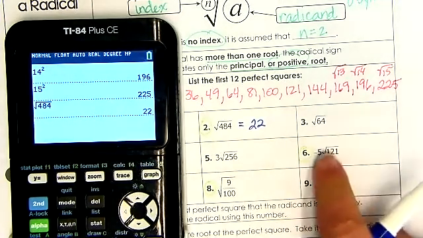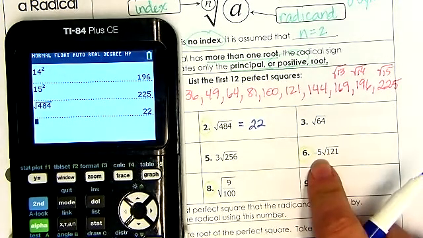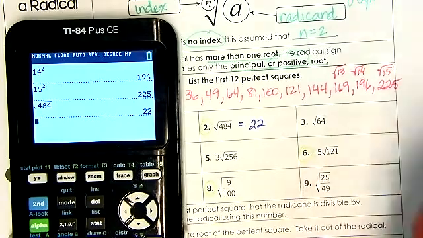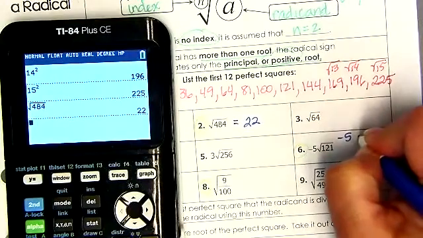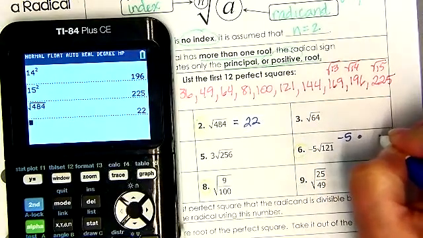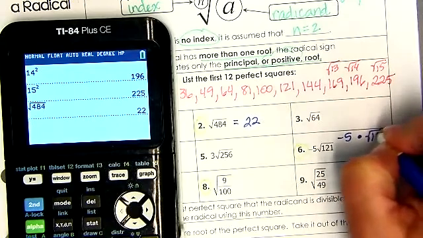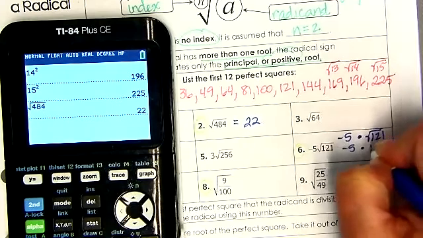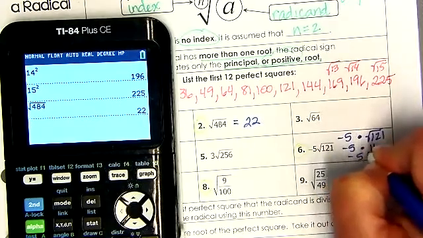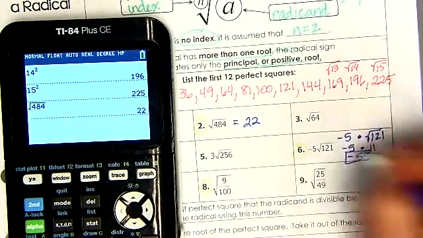Okay, now when I'm looking at number 6, I treat this as being -5 times the square root of 121. So therefore, I'm going to have -5 times 11, which gives me a final answer of -55.